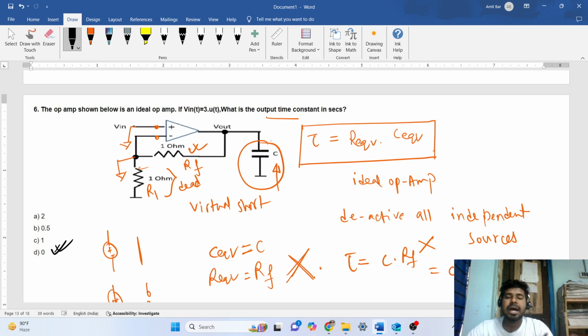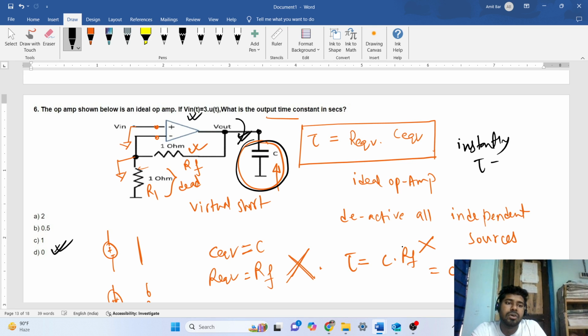Intuitively, how can we directly say the output time constant will be 0? Basically an ideal op amp can deliver any current instantly to any load. There is a capacitive load here, and an ideal op amp can charge any output capacitor instantly, in 0 time.